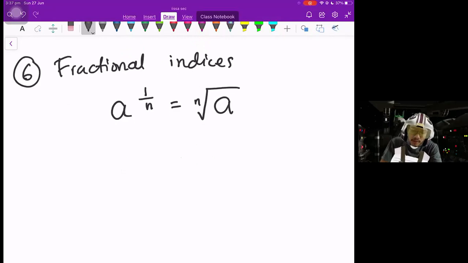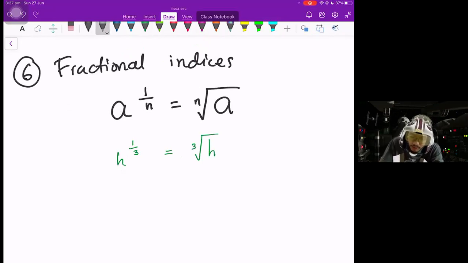Let's say we have h to the power of 1 over 3. What this actually means is the cube root of h. So you just need to put the 3 over on that side.